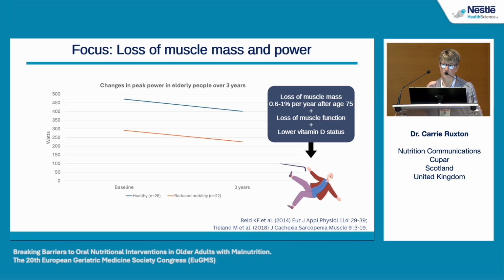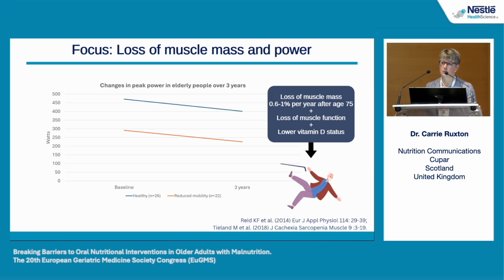And the problem with muscle mass decline, which operates at around 0.6 to 1% a year after the age of 75, is it hugely increases the risk of falling. And falling and having a fracture and ending up in hospital is often the beginning of a lot of trouble for elderly people.